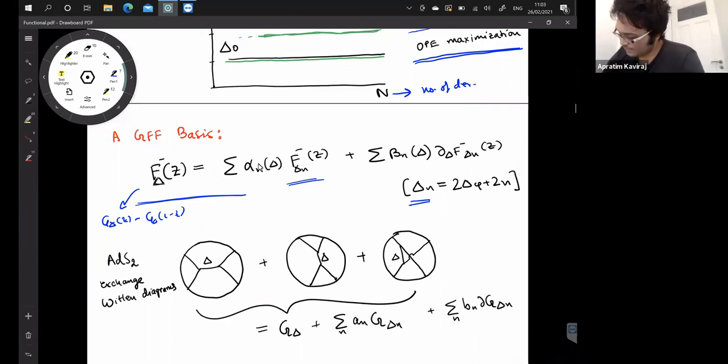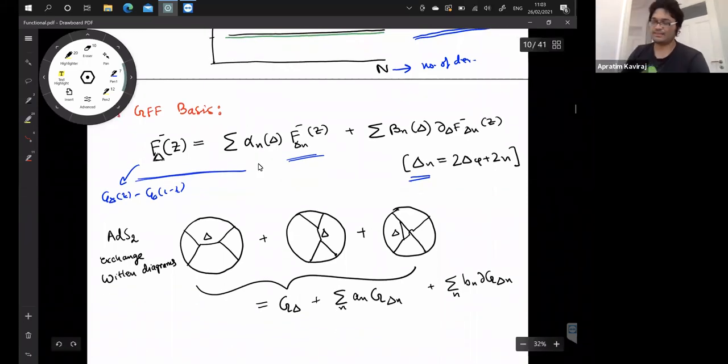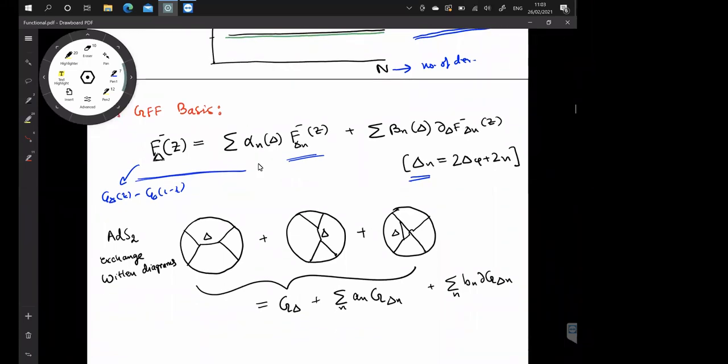So why does this basis exist? Sorry, I'm unfamiliar with this. Two questions: what are double field operators, and are these f minus delta n known? Right.